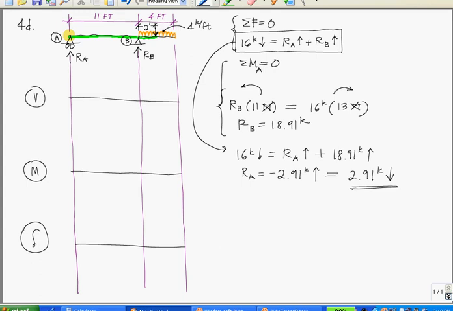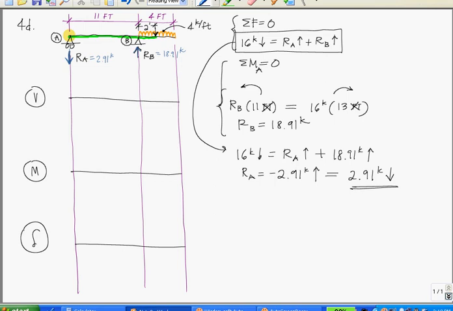So we've determined that R sub A actually works in the downward direction. R sub B is still up. 2.91, 18.91.